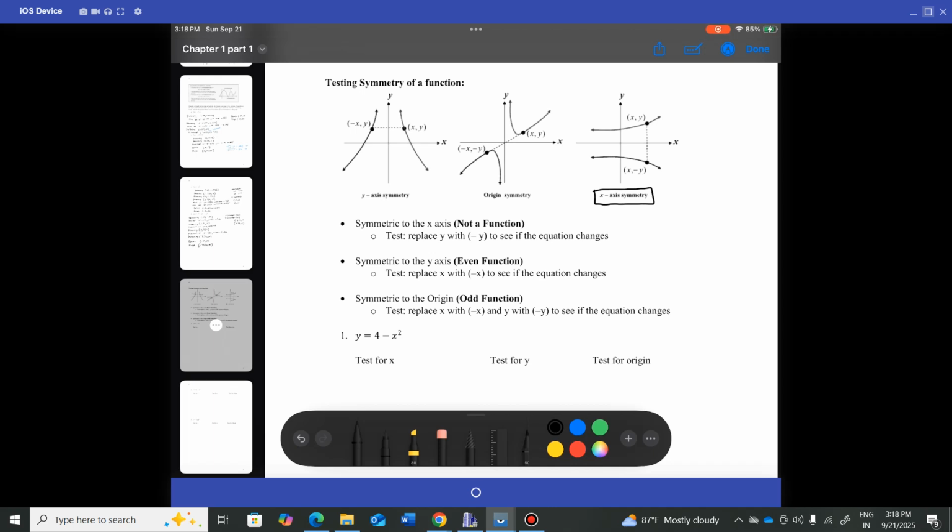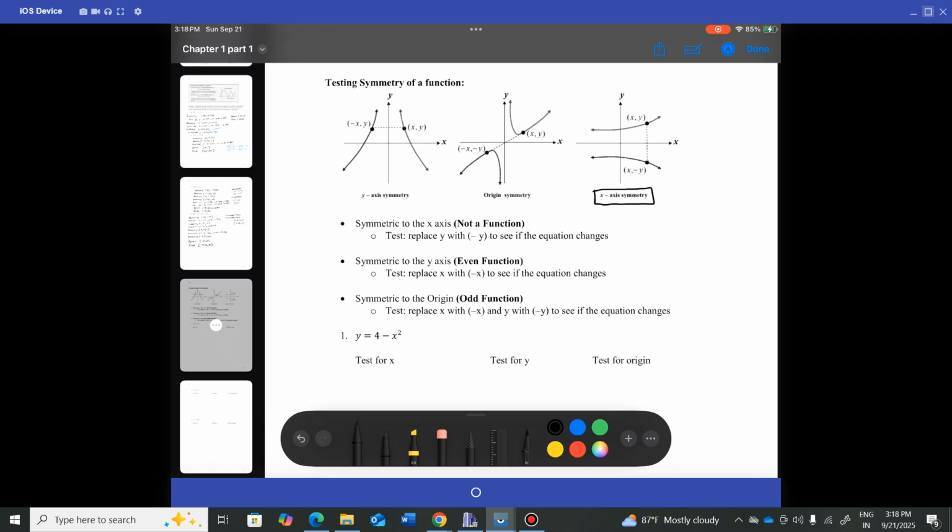The x-axis acts as a mirror. Notice it's not a function, it doesn't pass the vertical line test anywhere on this graph. So not all symmetry has to do with being a function. Some just have to do with the way the graph looks.